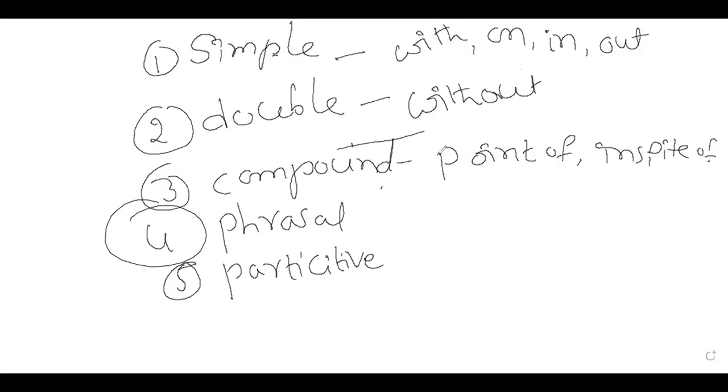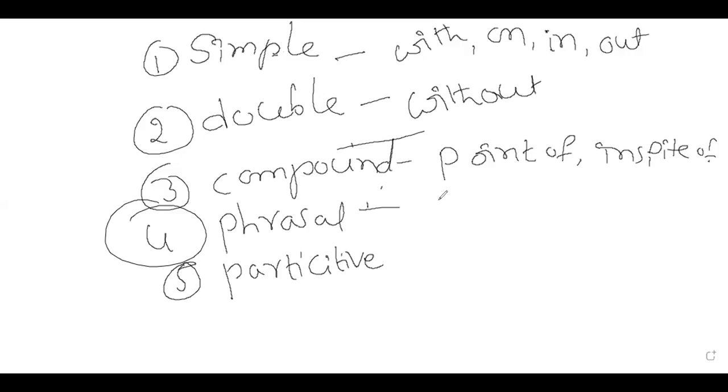In the case of double, two prepositions together function as a double preposition. But in the case of compound preposition, the other word need not be a preposition. One word should be a preposition and another can be any part like a noun, verb, or adverb. So this is a difference between double and compound prepositions. Now, phrasal prepositions usually have a phrase, that means a group of words acting like a prepositional phrase.